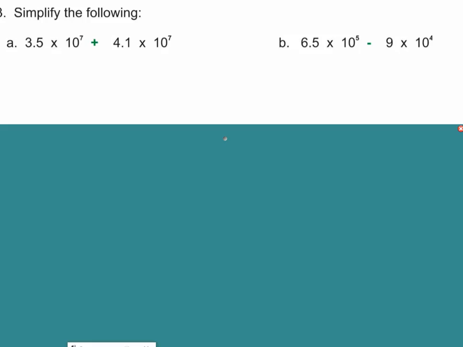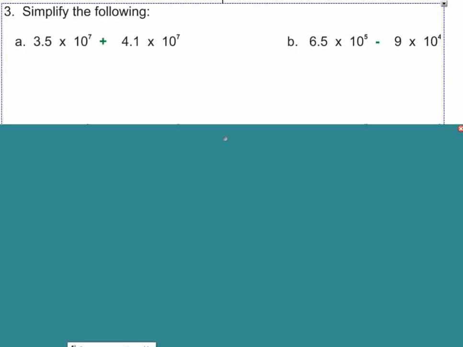Okay, let's deal with some scientific notation. Scientific notation is so easy. Look, all A is an addition problem.